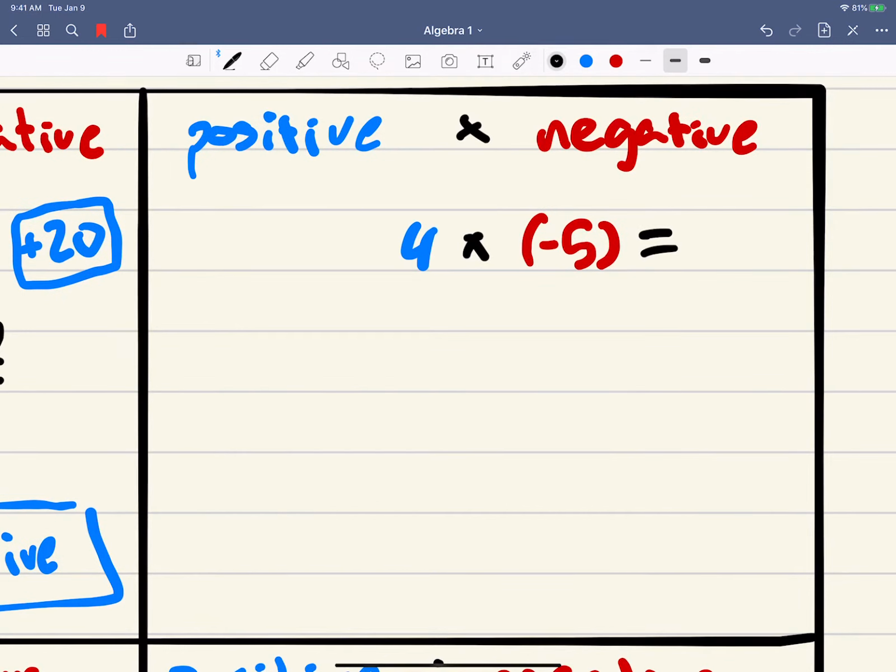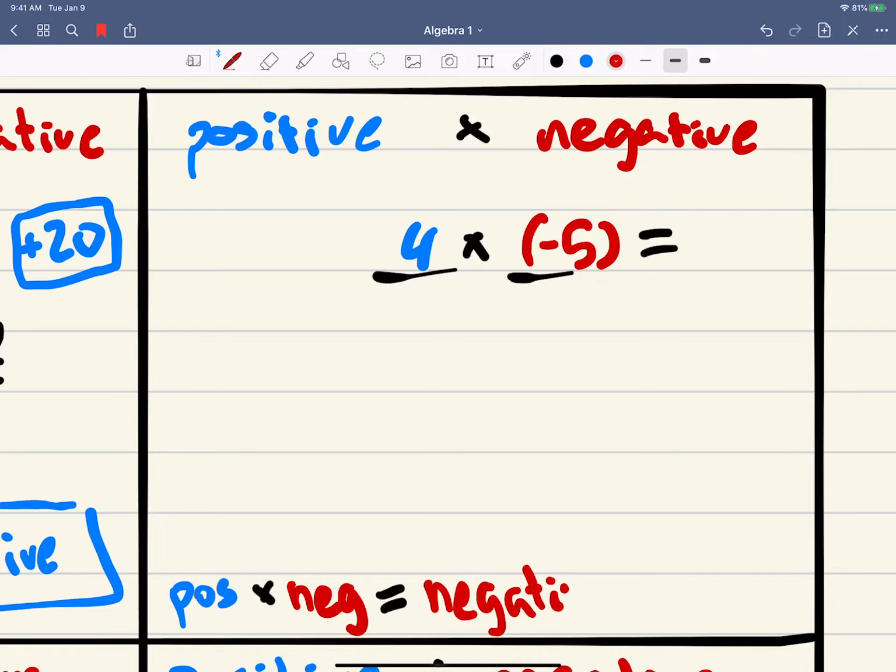And now we have the following case. Positive times negative. What happens when we multiply a positive number times a negative number? Well, I'll just tell you right now. Positive times negative is always going to equal negative. That's the rule. The rule says we'll always get a negative number when we multiply positive times negative.